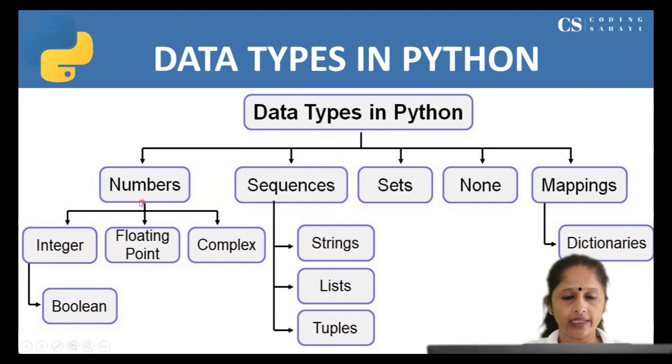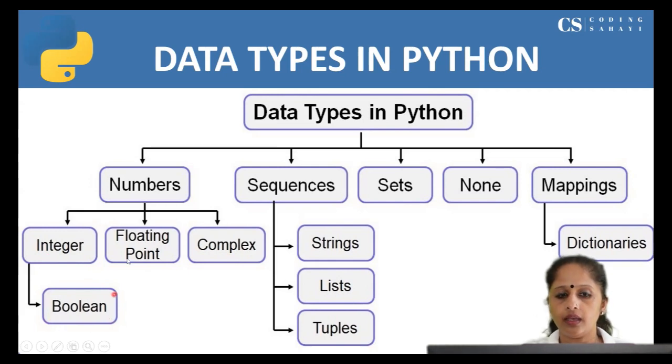So there are different categories of data types. First one is numbers, then sequences, sets, none, mappings. Under numbers we have integer, floating point and complex, and a subtype, that is Boolean. Boolean is under integer.